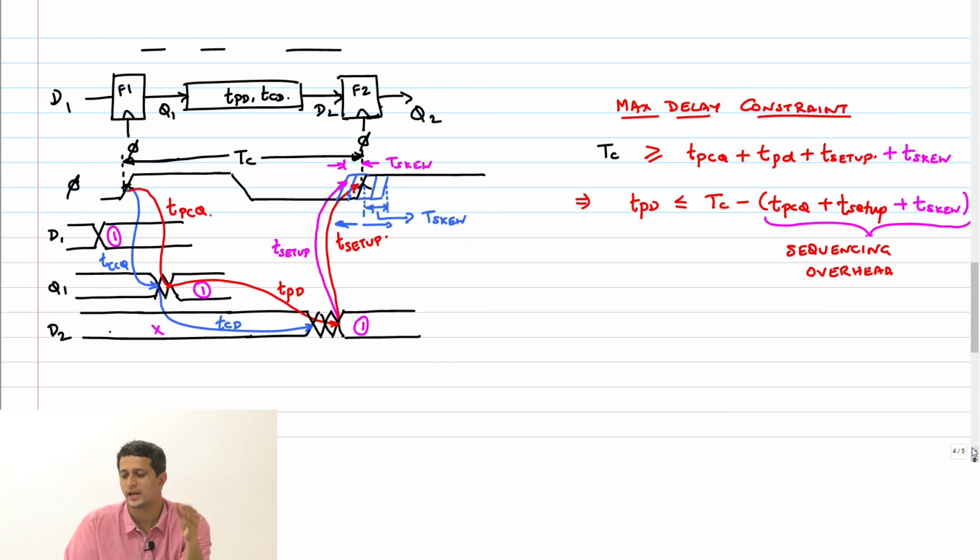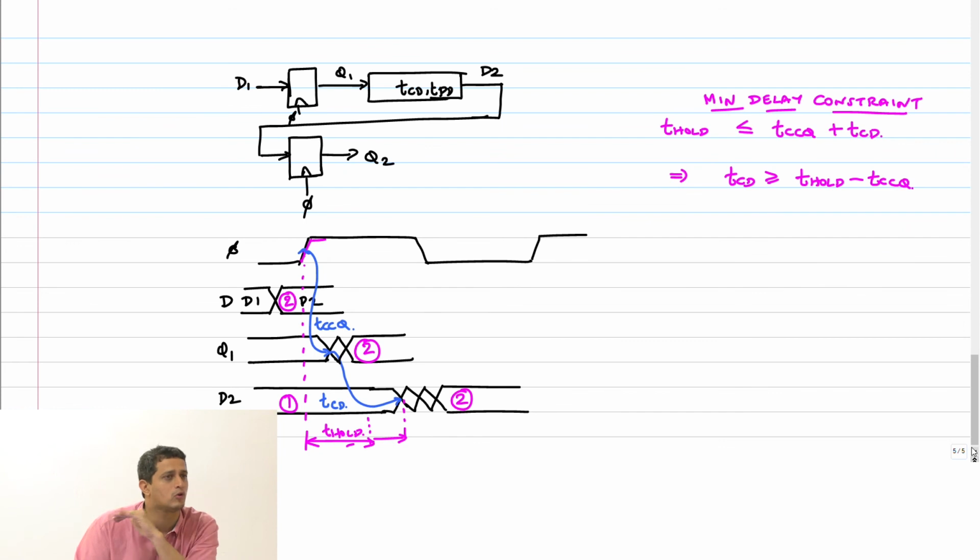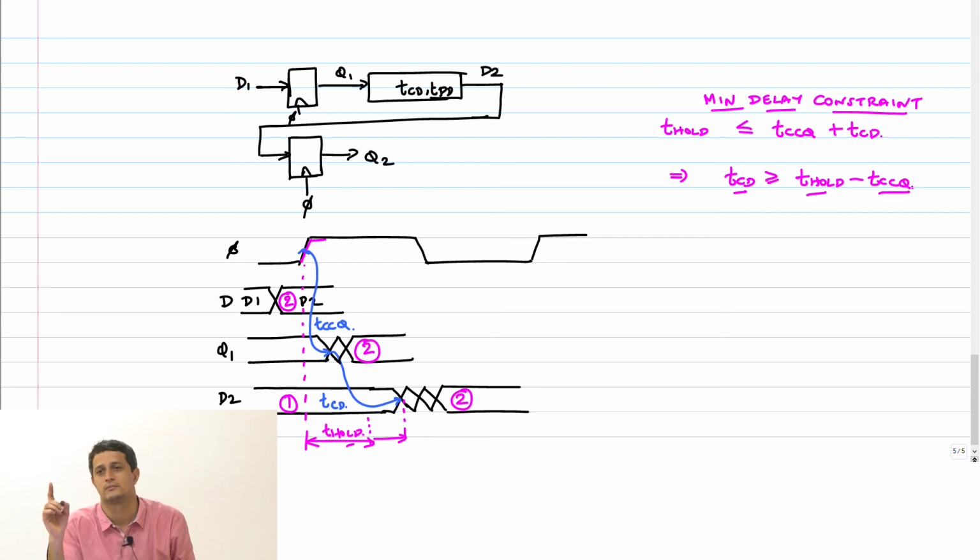When we derived the max delay constraint, we said T_PD was less than T_C, the clock period, minus some overhead. Unfortunately, in the min delay constraint, you don't have that luxury of the clock period. Remember, after the chip comes back, this number is fixed, this number is fixed, this number is fixed. It's determined inside the chip and you are done for.